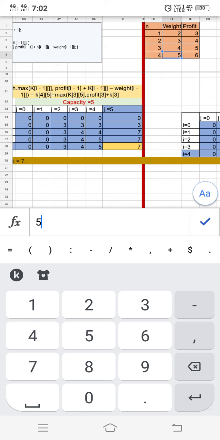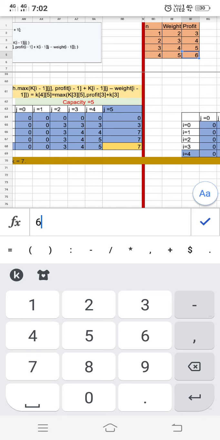So for j equal to 5, I can add the objects 1 and 2 to make the weight 5, and its profit will be 3 plus 4, that is 7. But if I consider only the object 4 for j equal to 5, I have the profit 6.